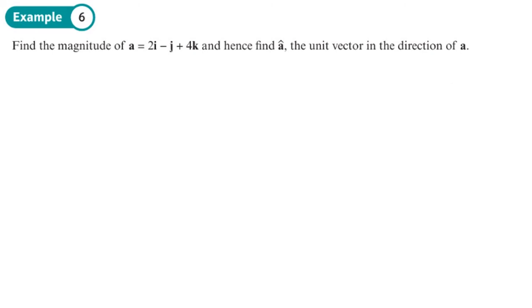Magnitude just means size, so that means doing Pythagoras on it, and hence find this A with a little hat. Now that's what we call a unit vector. Now a unit vector has length 1. Now how do you find a unit vector?